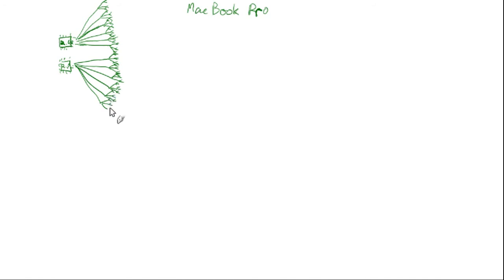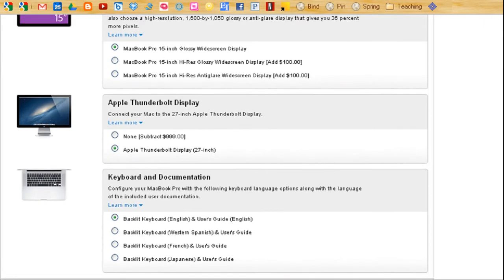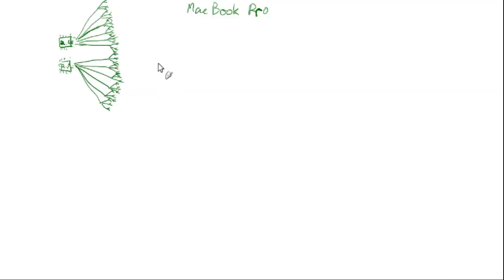And there is another choice. You could pick your keyboard. That's really a choice of language. So let's assume that we choose the English language. I think most of the people watching this, since I'm talking in English, are going to choose English.